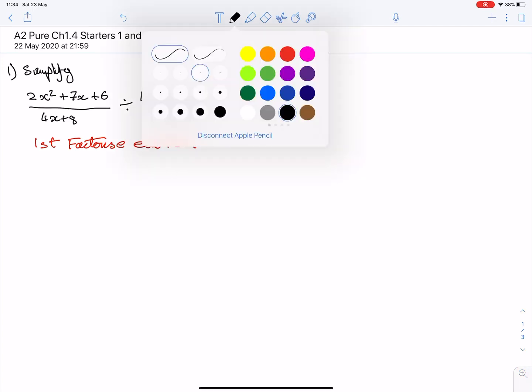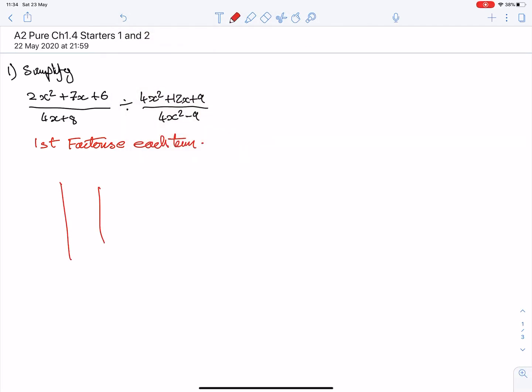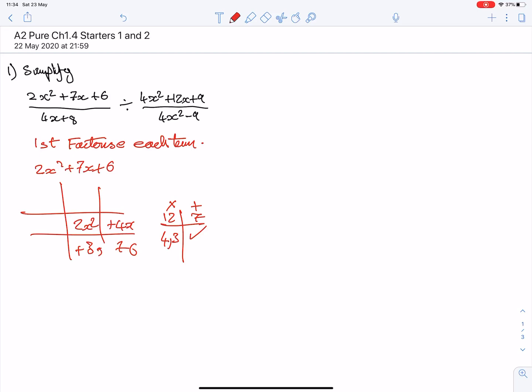So factorise using the grid. Take the top one, 2x squared plus 7x plus 6. We get the 2x squared and the 6, so it multiplies to give 12 and adds to give 7: 4 and 3. So plus 4x plus 3x.